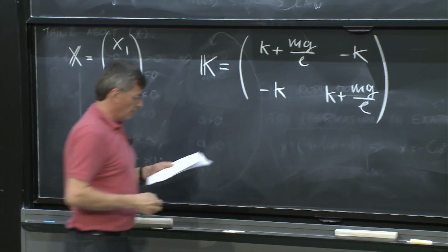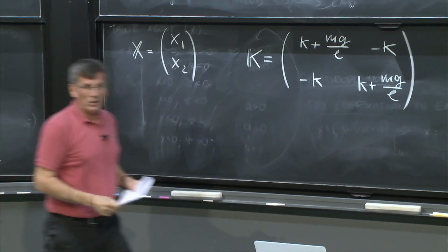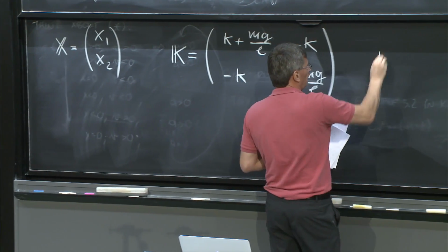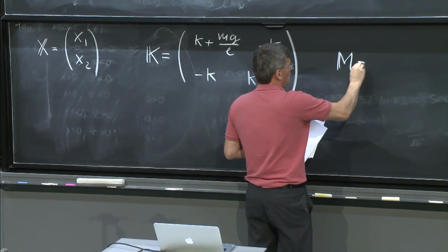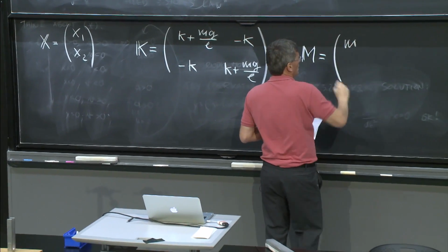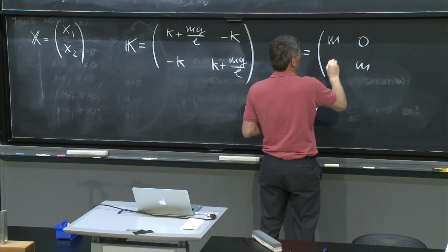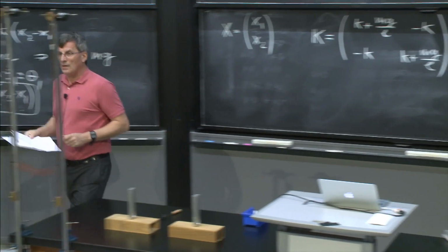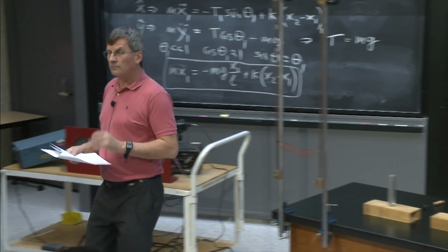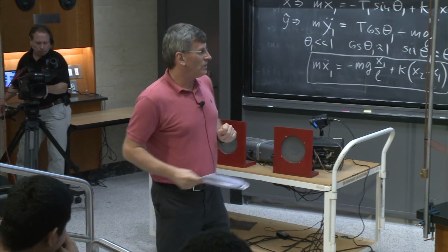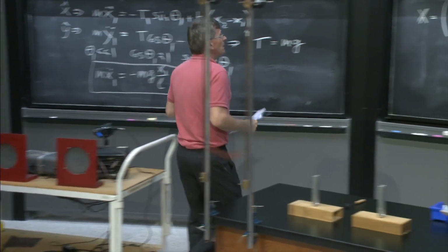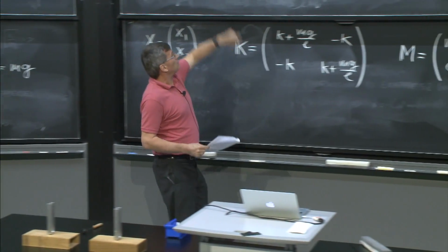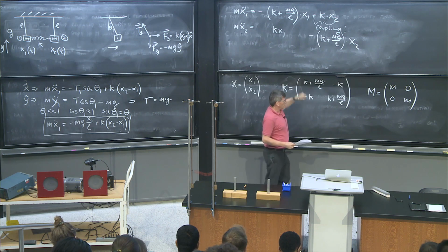This is a 2 by 2 matrix. And then we need a third matrix, the mass matrix, which simply says that the mass of the first object is m, and the other one is also m, right? So these are the three matrices that basically contain exactly the same information as out there.